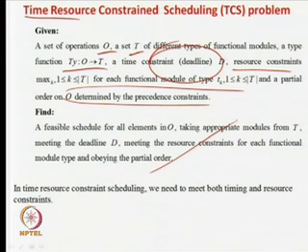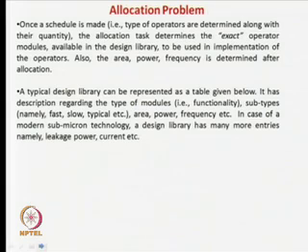Then you have to give a proper schedule that matches both the resource constraints as well as the time constraint, and obviously follows the partial order of data dependency. If you follow everything, then it is a feasible schedule. But if one of the parameters is not being met, like for meeting the time schedule you are not able to meet the resource constraint, and for meeting the resource constraint you are not able to meet the time constraint, then it is infeasible, and you have to relax any one of them. Okay. So, that was about the scheduling problem.